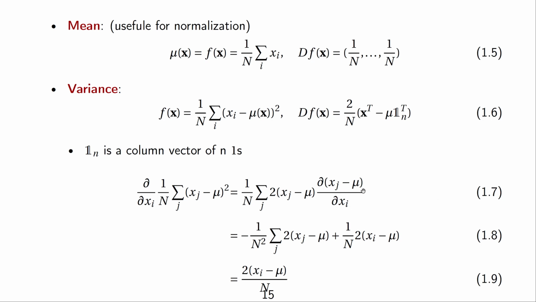So looking at this, it is the partial derivative of a sum, so we can look at both of these elements separately. So this partial mu over partial x_i, we know that this is 1 divided by n. So we'll have this big sum, and we look at this partial derivative, we sum over j for all x_j minus mu derived with respect to x_i, and for all these possible elements, partial mu over partial x_i will always be 1 divided by n.